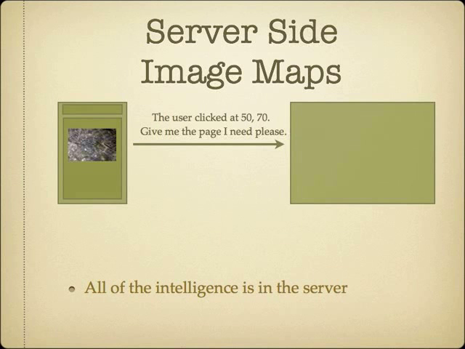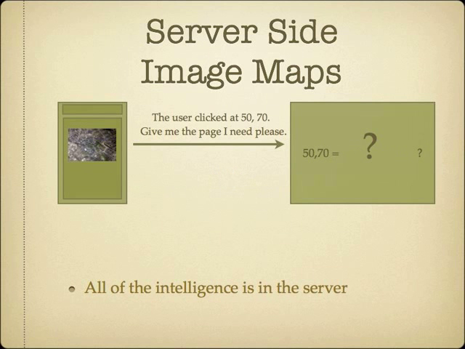And then if they do, the web server will provide the page that corresponds to that hotspot. So the browser would send to the server information that the user clicked on, say, location 50,70. The server would look up 50,70 and decide that that corresponded to a particular hotspot, and the page associated with that hotspot was sold.html. And so then the server sends sold.html to the browser.